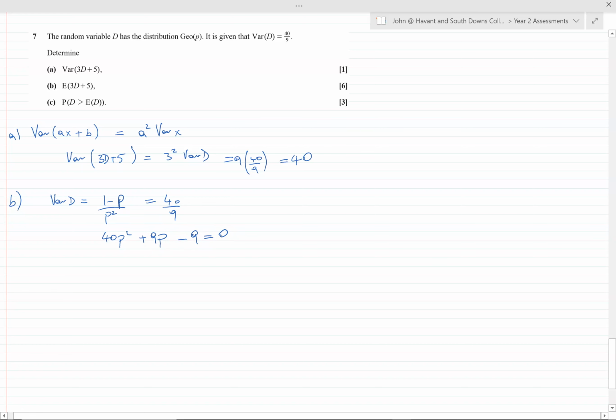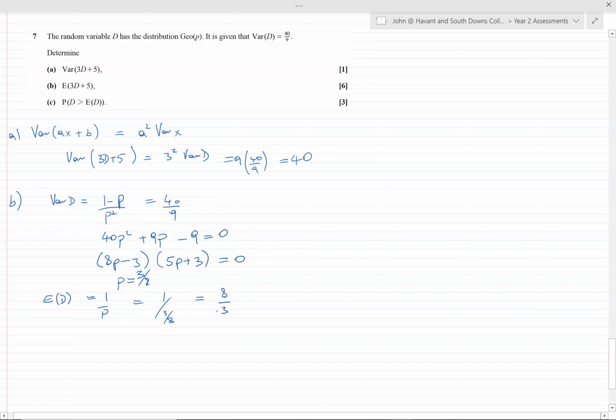It's okay to use a calculator there, but I'm old school. I end up with an irresistible urge to factorize. But yeah, it's okay to use a calculator. Obviously, the negative value of p is not relevant, so p is equal to 3/8. And as I mentioned, the expectation of d is equal to 1/p. So that equals 1/(3/8), so that equals 8/3.